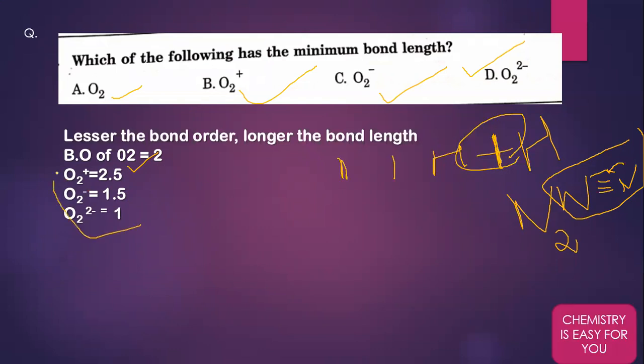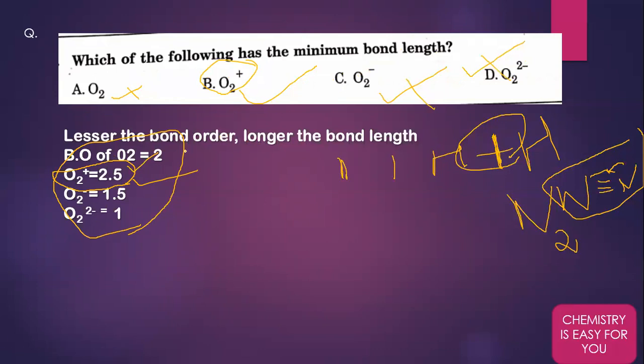Out of these, the bond order of O2 plus is the largest, and therefore it will have the minimum bond length because it is a very strong bond. So our answer would be option B, O2 plus. The others are not the answer; O2 plus is the answer.